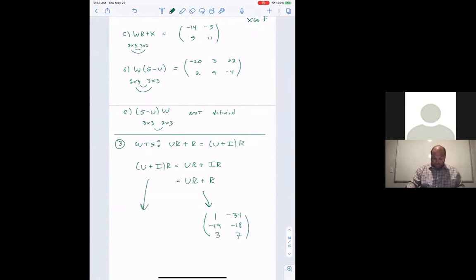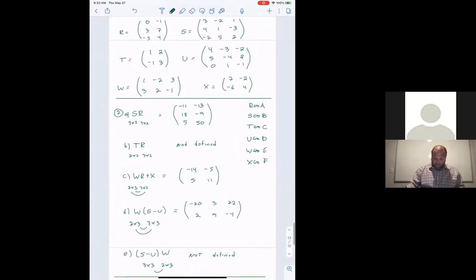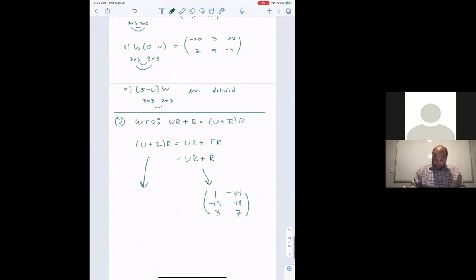And this one, U plus I, U is a 3 by 3 matrix, so that I is also a 3 by 3 matrix. So I'm going to define a new matrix G as my 3 by 3 identity matrix. So I'm putting in a new matrix, and my calculator G is I3: 1, 0, 0, 0, 1, 0, 0, 0, 1.